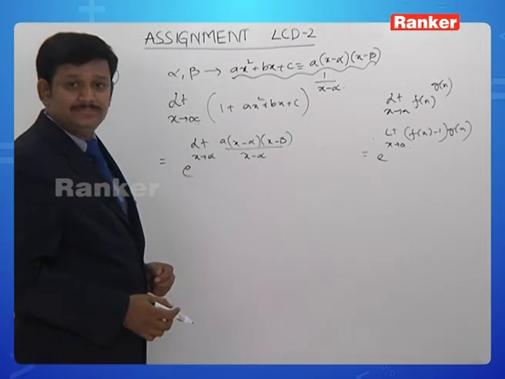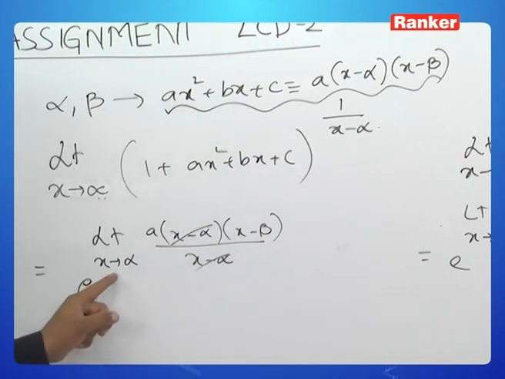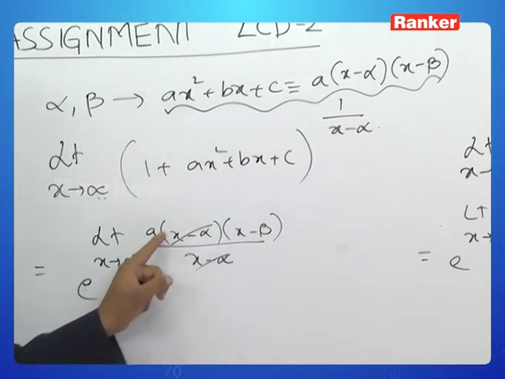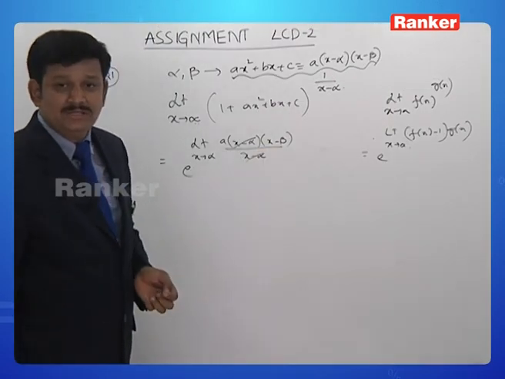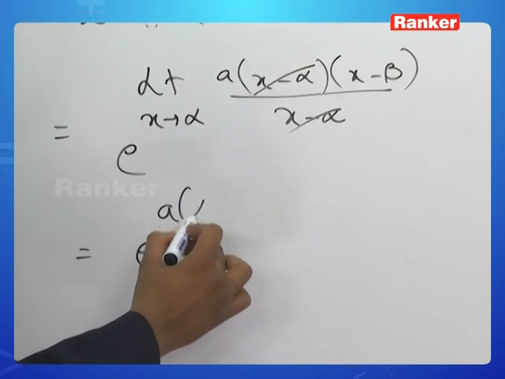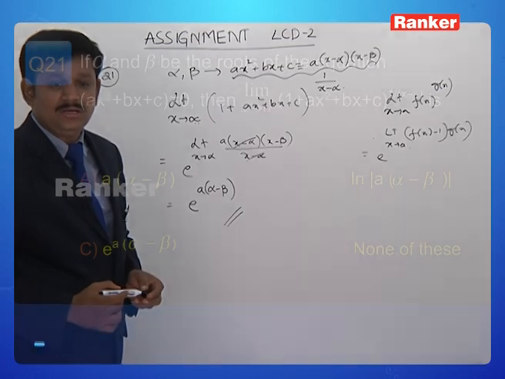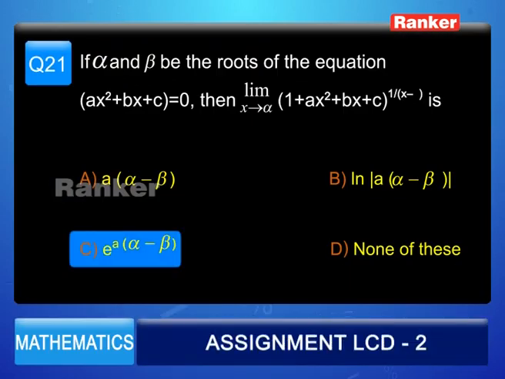Now we can see x minus alpha and x minus alpha are getting cancelled, and as x tends to alpha, this is a into alpha minus beta. So our answer is e power a into alpha minus beta, which is option C.